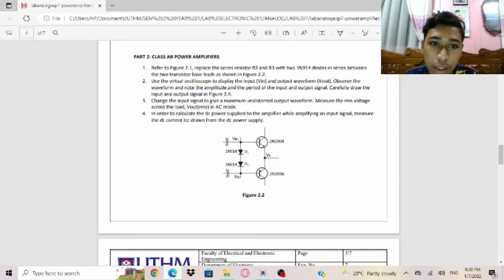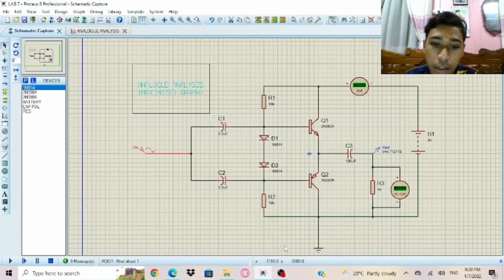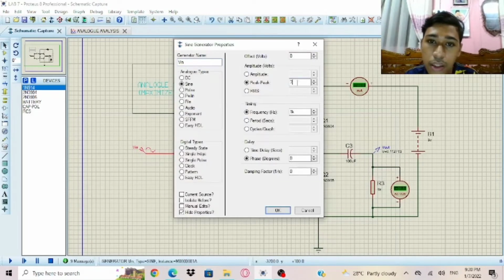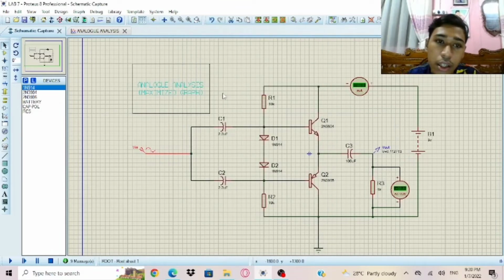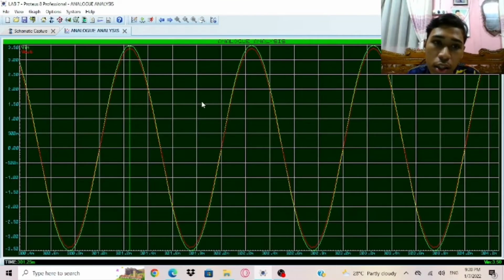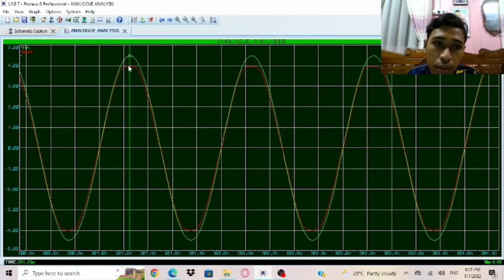So next we need to change the input signal to give the maximum undistorted waveform. So if we change to 9 peak to peak, the waveform still has distortion.